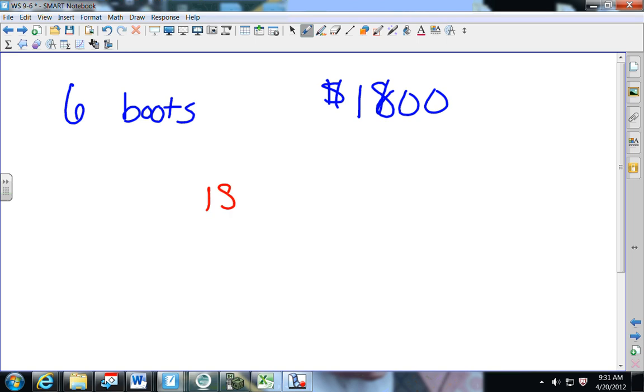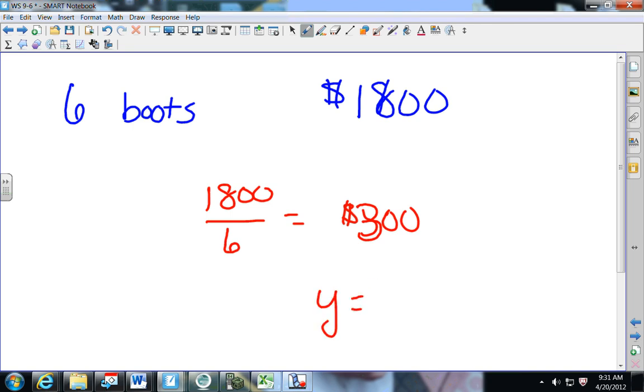So you would take 1,800 divided by 6. So how much were the boots? $300 each, right? My equation, what we did in the past, was y equals 300 times x. That's exactly what we're doing right now. This is our direct variation.